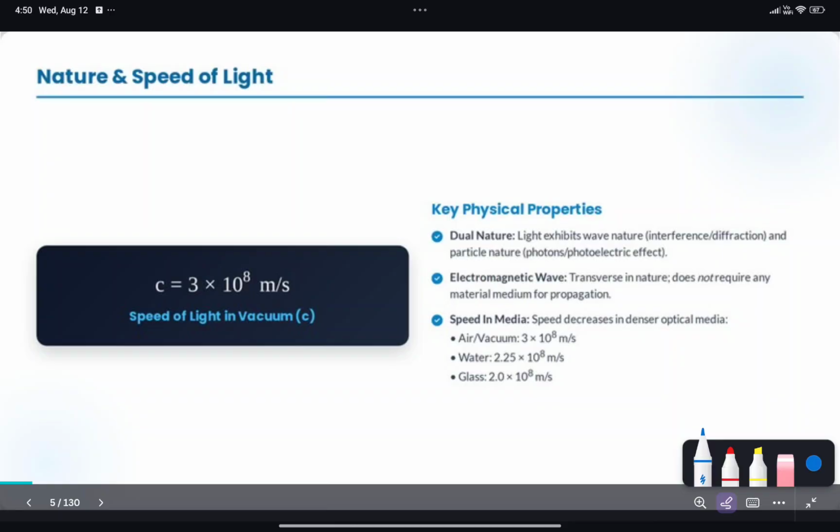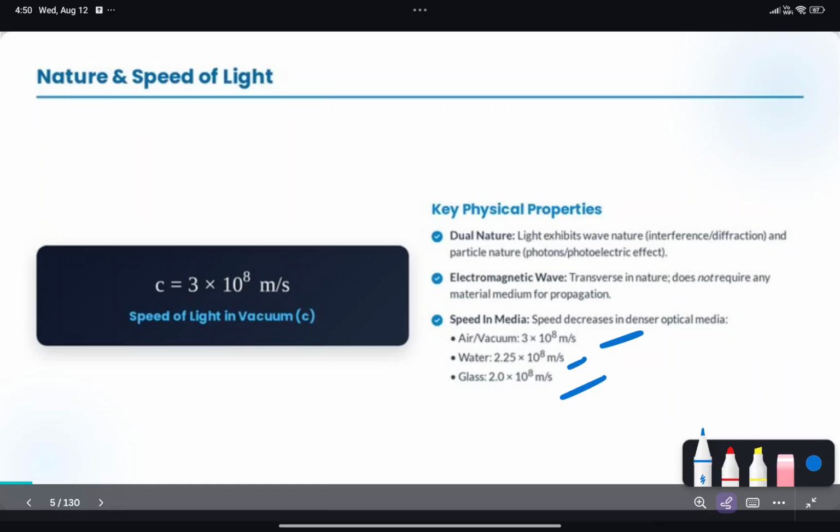The speed of light in a vacuum is 3 into 10 to the power of 8 meter per second. In the case of water, 2.25 into 10 to the power of 8 meter per second. In the case of glass, 2.0 into 10 to the power of 8 meter per second. See here, the speed decreases. Yes or no?